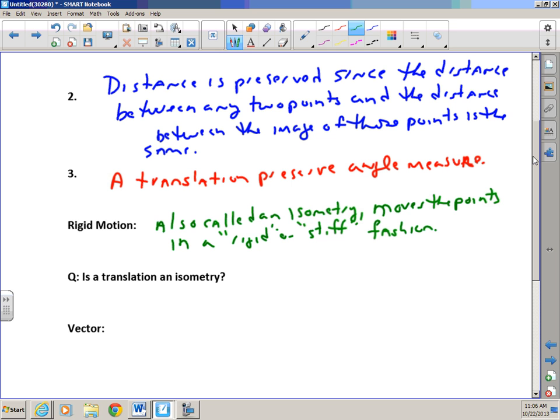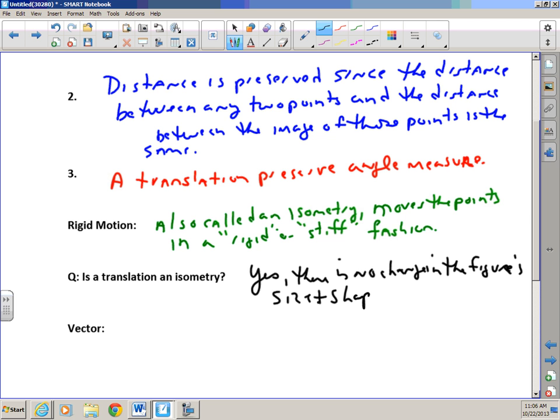Nothing changed in the figure. Before and after was the same. It would be like one of those before and after people going on a diet. They look the same after as before and sue to get all their money back. So, is a translation an isometry? Yes. There is no change in the figure. Size and shape. Okay?